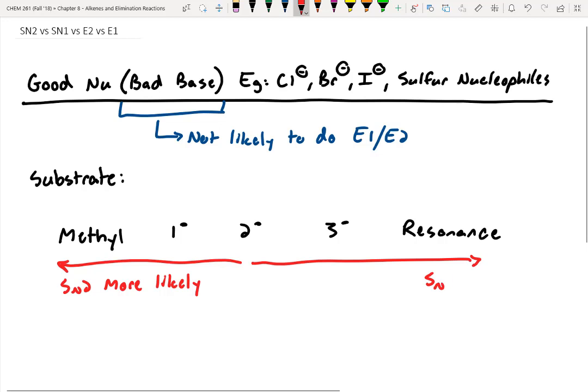And then over here we said that SN1 is more likely. We said the reason for this, for SN2, is it's sterically accessible, whereas for SN1, this is due to carbocation stability.